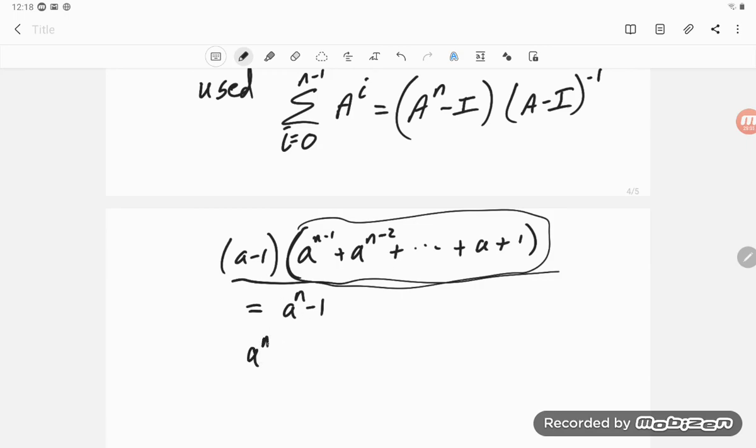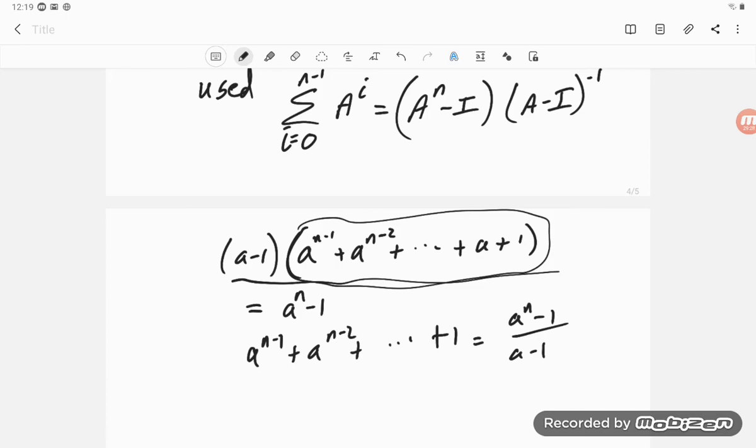If a is not 1, then a to the n minus 1 plus a to the n minus 2 plus all the way down to 1 is just equal to (a to the n minus 1) divided by (a minus 1). So in other words, multiply by its inverse. And as long as that inverse exists, that would be fine.